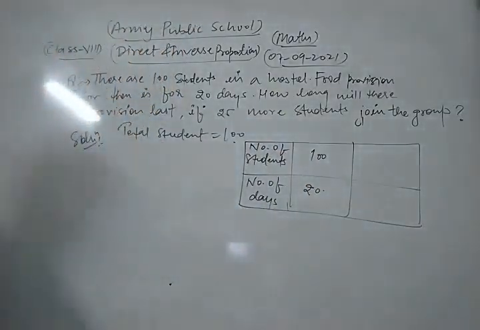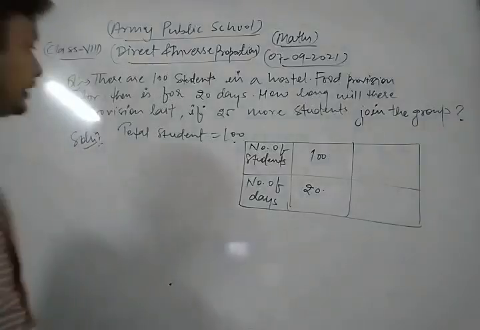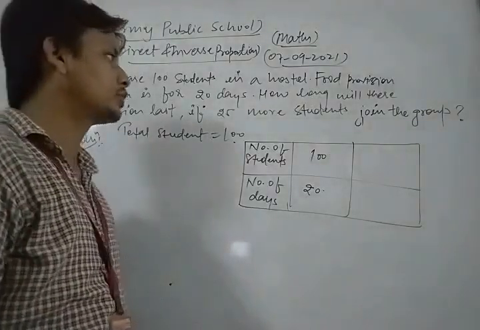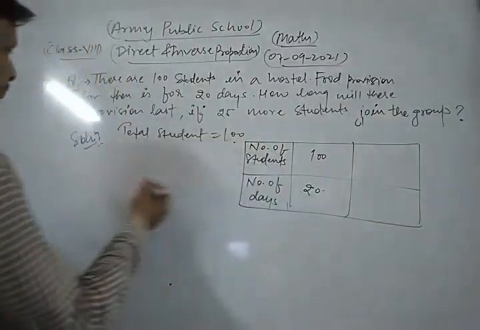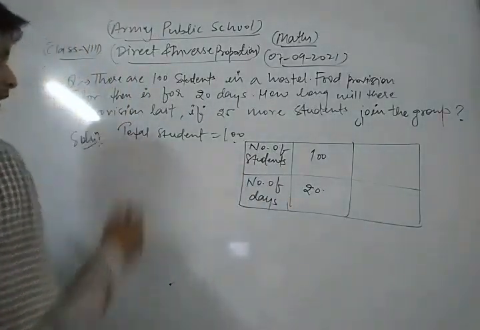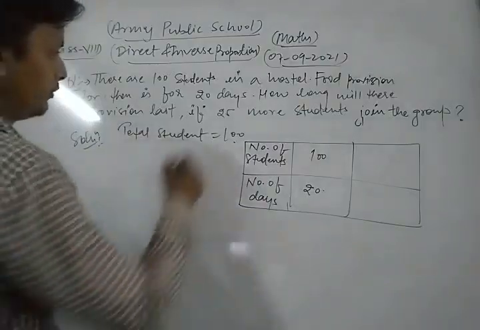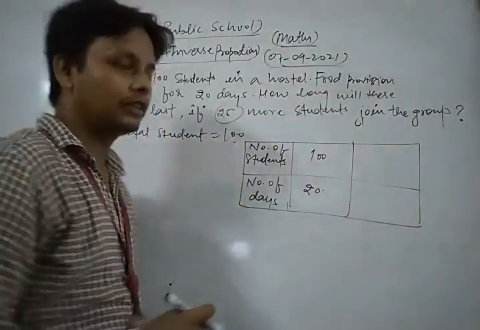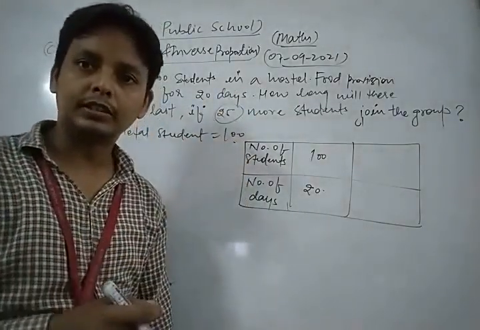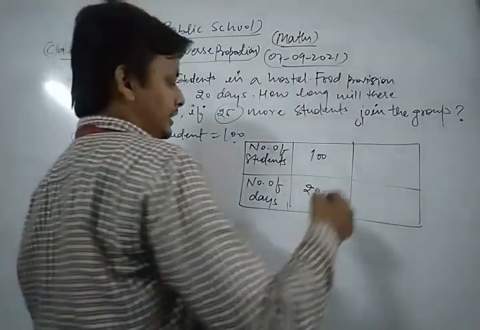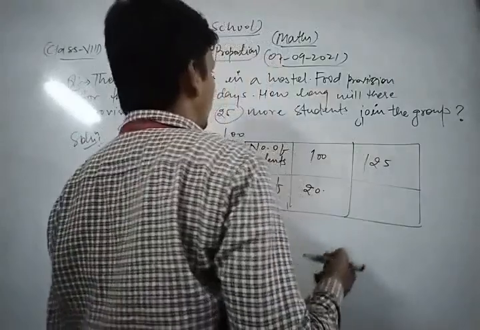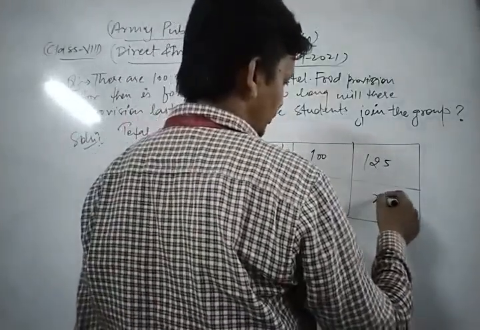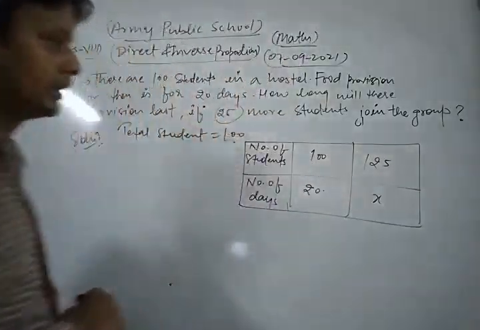Okay. Now how long will their provision last if 25 students join the group? Dear students, if 25 students join the group, then the total number of students is 125. If there are 125 students, then for how many days will the food provision last?